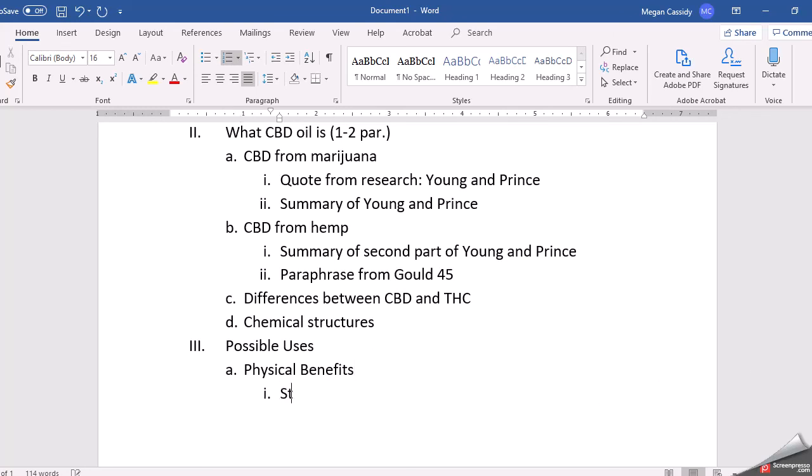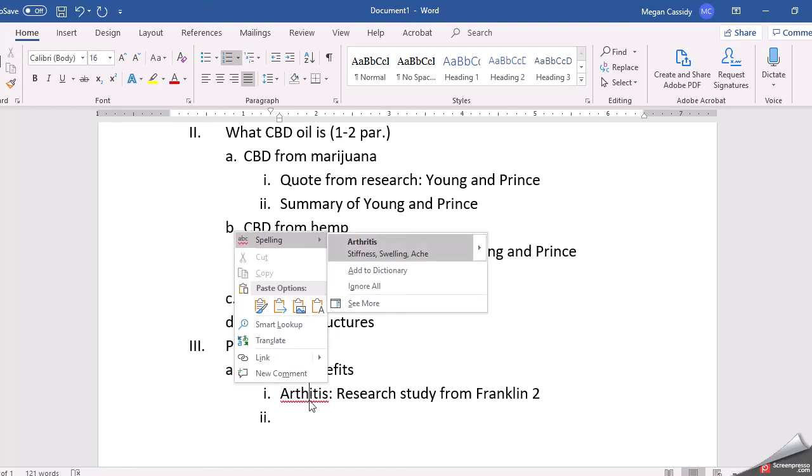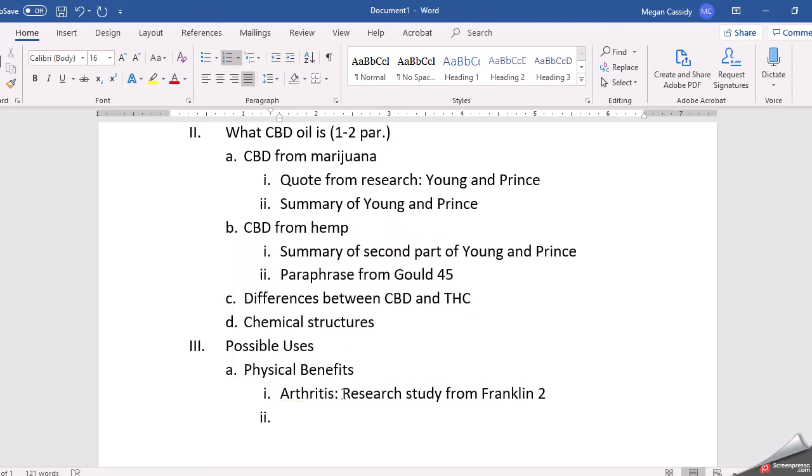And then I might have let's say a research study from Franklin, page 2. Then let's say another thing, specific physical benefit. I don't know too much about this topic, but arthritis, and I spelled arthritis wrong. Of course I did. Arthritis and a research study from Franklin.